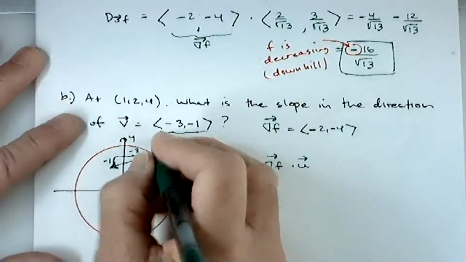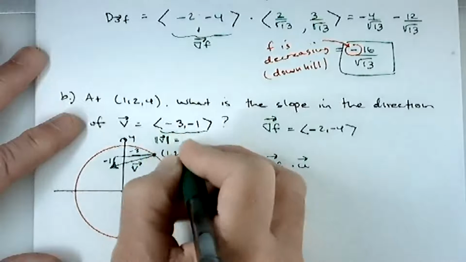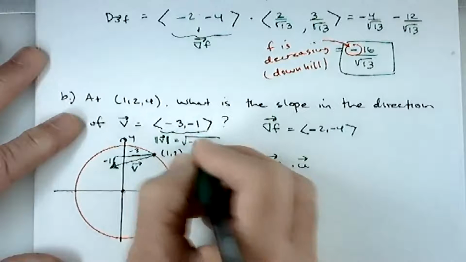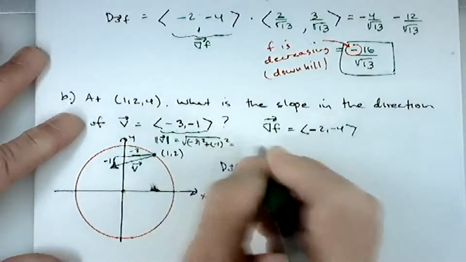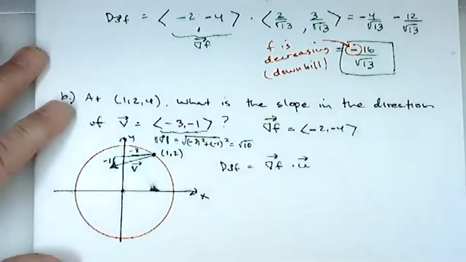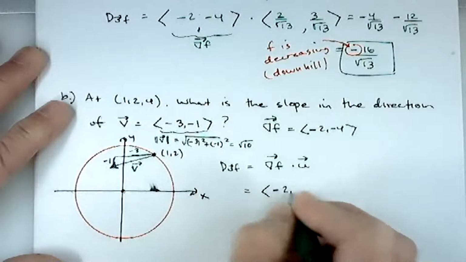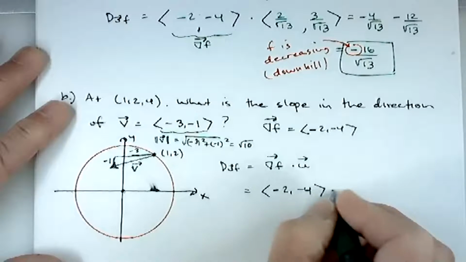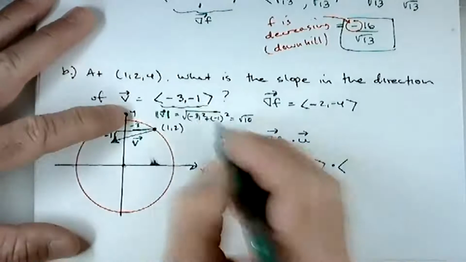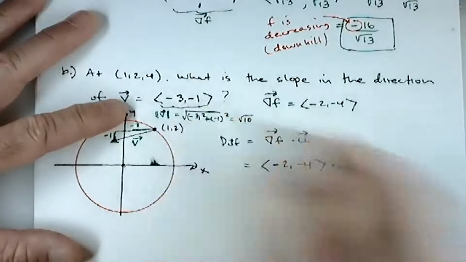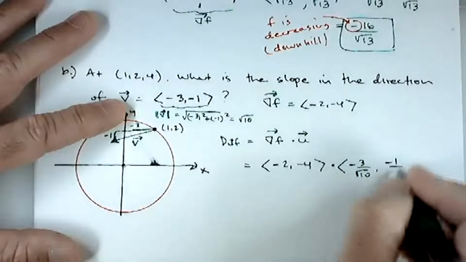And remember, that's not too hard to do, because if I find the magnitude of v, you can almost do that in your head. It's just the square root of each part squared. So I think that's going to give me root 10. Then I'd be dotting (-2, -4) with my new unit vector, (-3 over root 10, -1 over root 10).